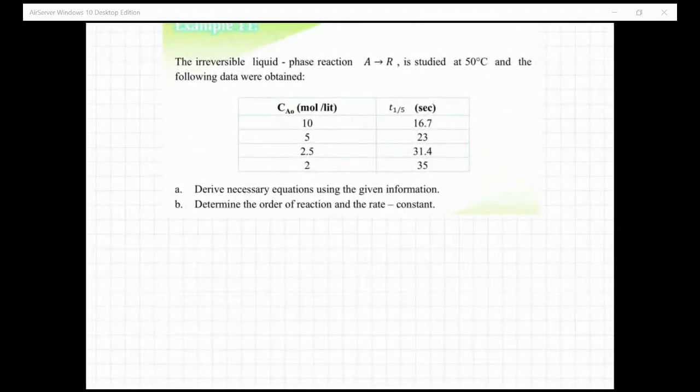So now how to start? As we did previously, we have only one reactant, so it should be minus rA.